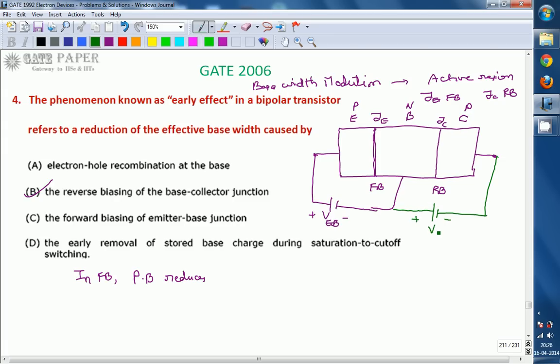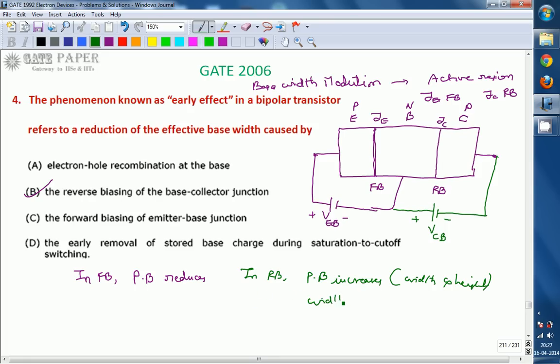Under reverse bias the potential barrier increases, both width and height. Here we are interested only in the width, so the width of the potential barrier, that is the width of the depletion region, increases.